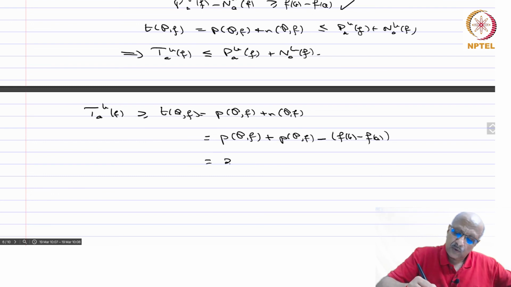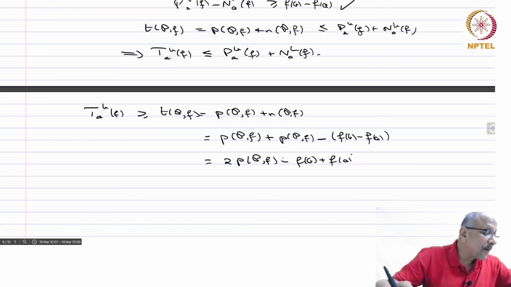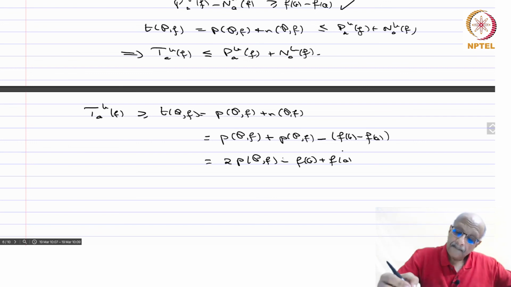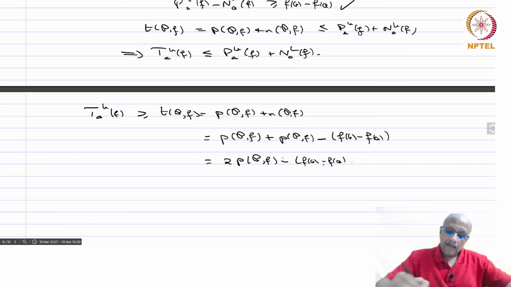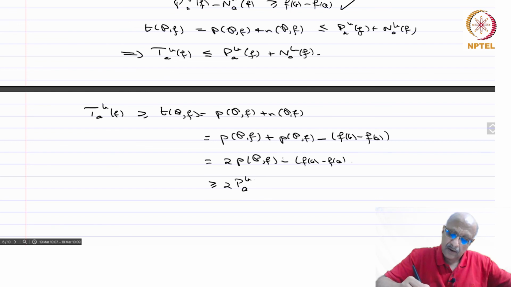So that's equal to 2 times P(P,f) minus [f(b) - f(a)]. So now if I take the supremum, this is equal to 2 times P_a^b(f) minus [f(b) - f(a)].